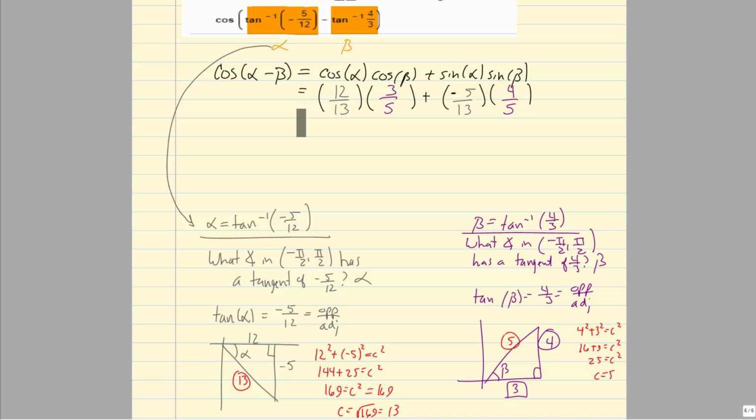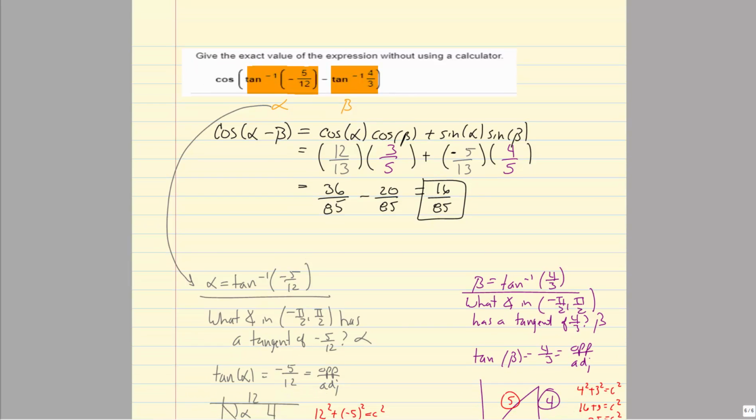Okay, and then simplifying from here, 12 times 3 is 36. 13 times 5 is 85. Minus 5 times 4 is 20 over 85. 36 minus 20 is 16/85. So that would be the cosine of alpha minus beta.